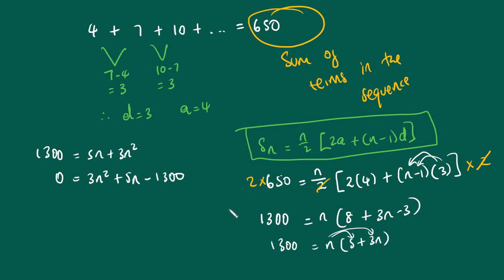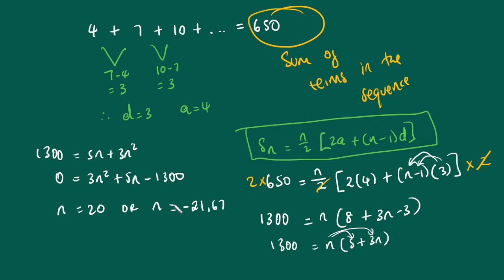So our n will be equal to 20, or our n will be equal to negative 21.67.